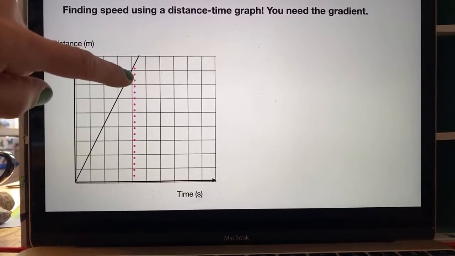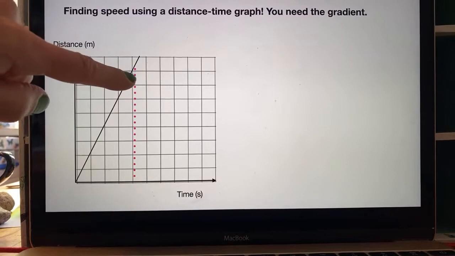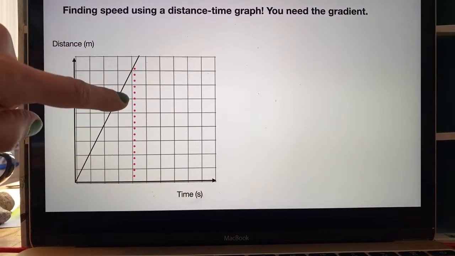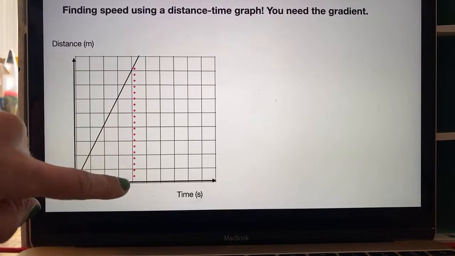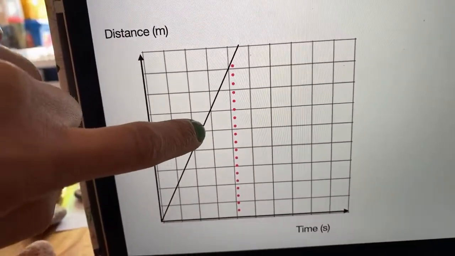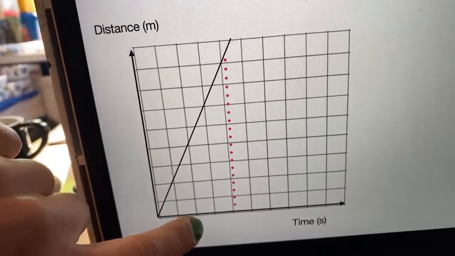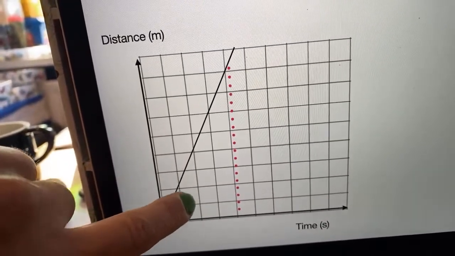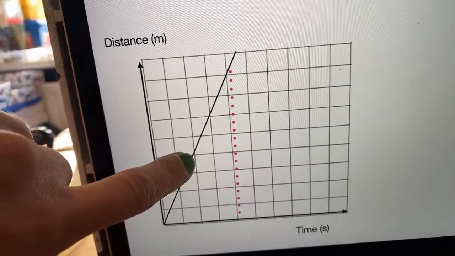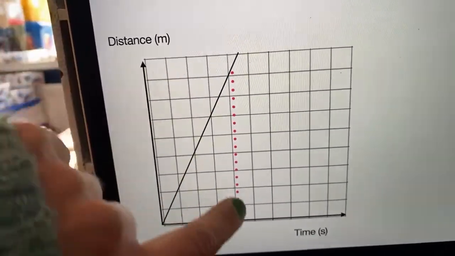So for example, I know that from this point here, all the way down to there is 1, 2, 3, 4, 5, 6, 7, 8 squares. If I was drawing my line here, it'd be a bit trickier because it would be like 1, 2, 3, 4, and then a tiny bit squares, and that's a bit messy. So I'll go from here where it perfectly crosses a line.